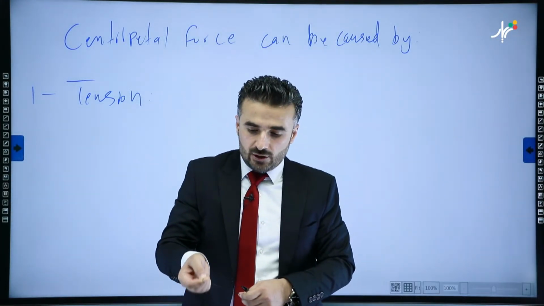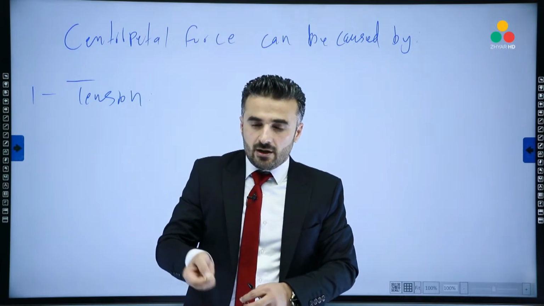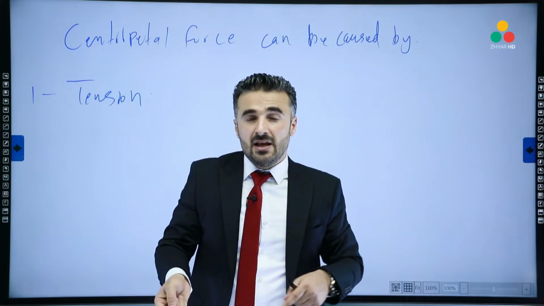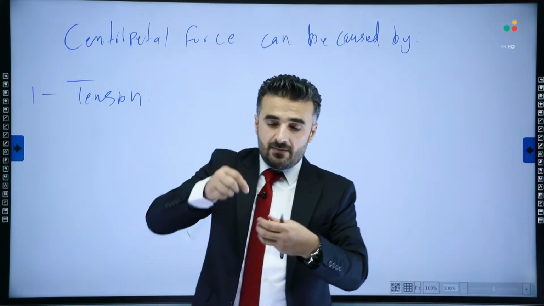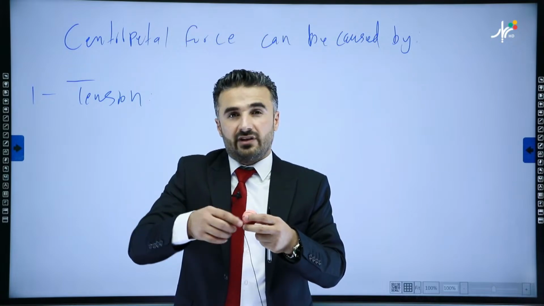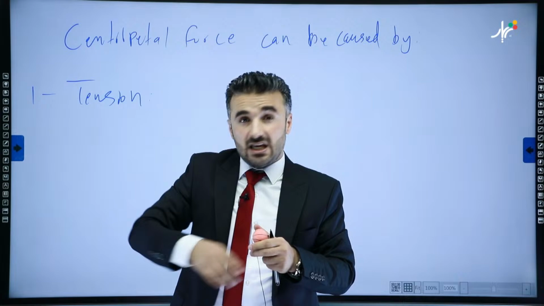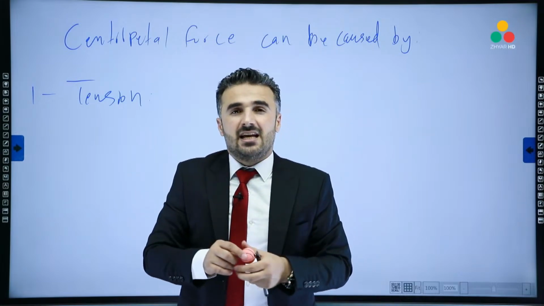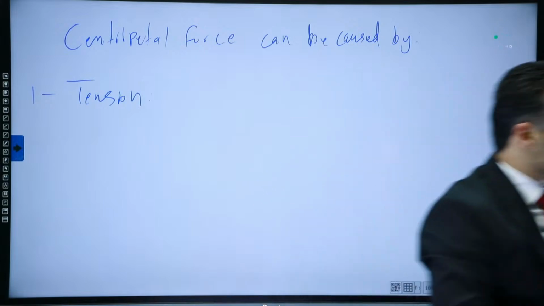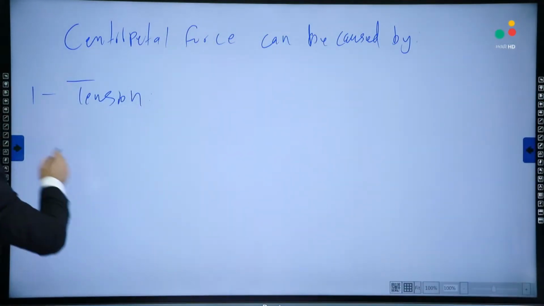When you are trying to roll the object to move in a circle, you can see here this mass is moving in a circle. Why? Because of this tension. So we can say the tension in this string will provide enough force to keep the object moving in a circle. So centripetal force, the force that keeps the object moving in a circle, is provided by the tension inside the string here. So we can say tension can provide centripetal force. Now that is one.